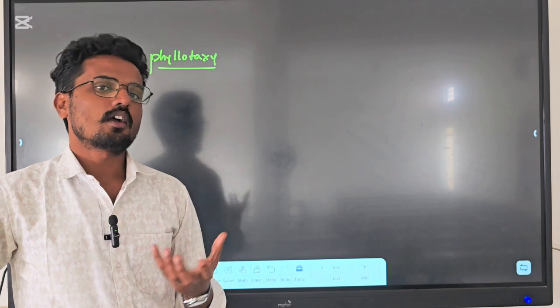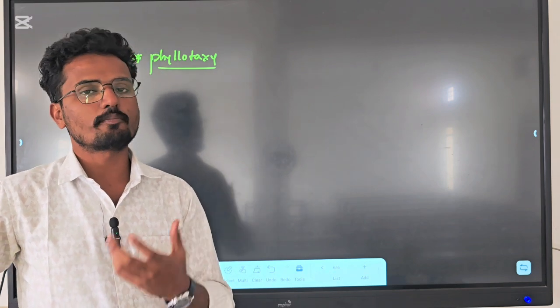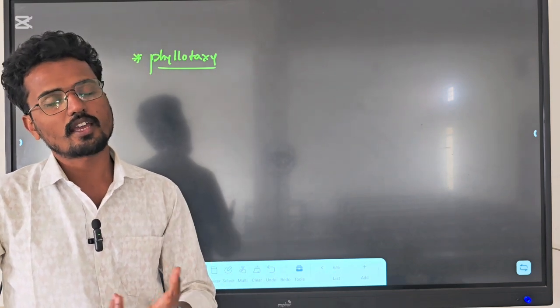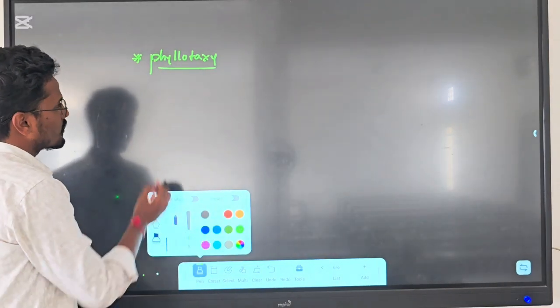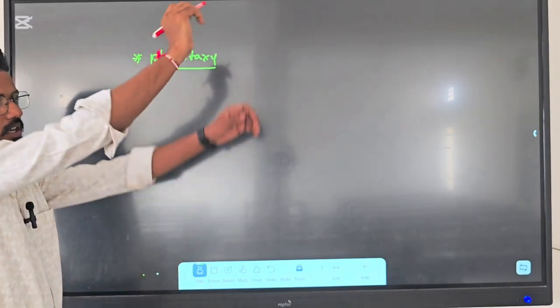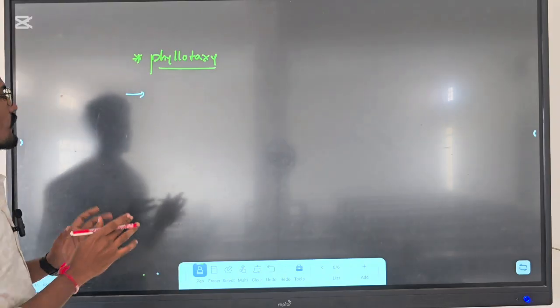Phyllotaxy is nothing but the arrangement of leaves on a branch or stem. In which manner they are arranged, studying that is called phyllotaxy.